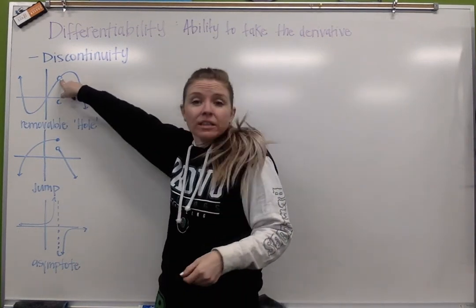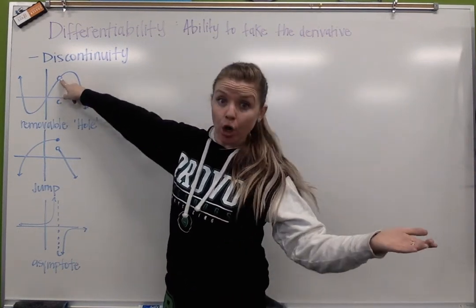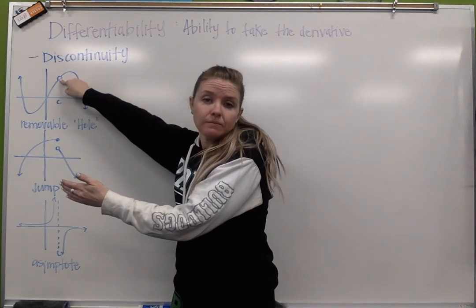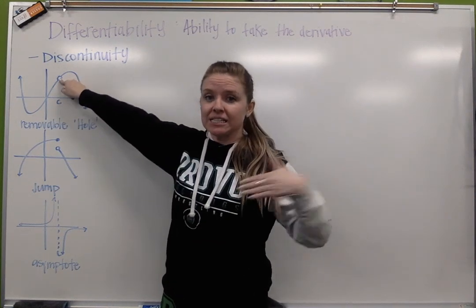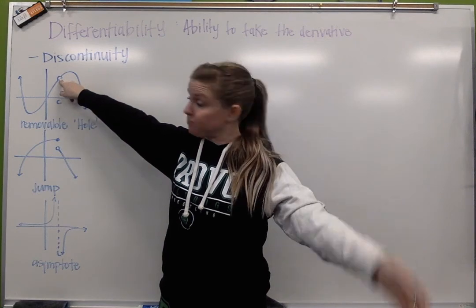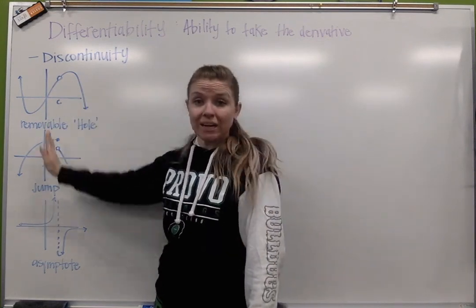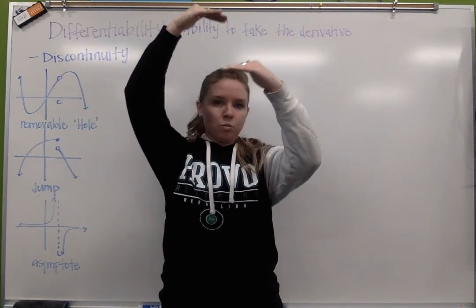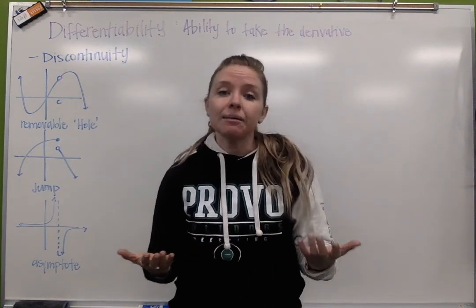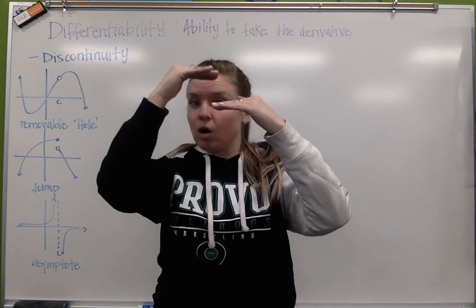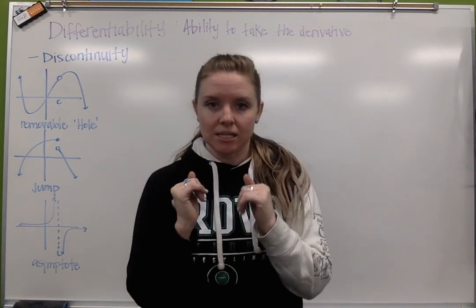If I have a hole in the graph, do I have a slope where there's a hole? If the graph itself doesn't exist, how can there be a slope, right? Same thing here. If I wanted to find the slope at that point, well, you have 2 points. Similar to limits, if the left side and the right side don't match, the limit doesn't exist.